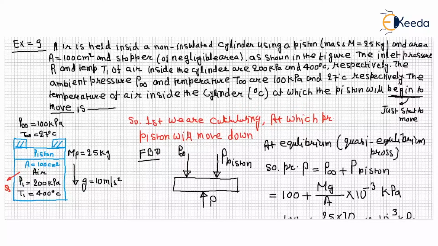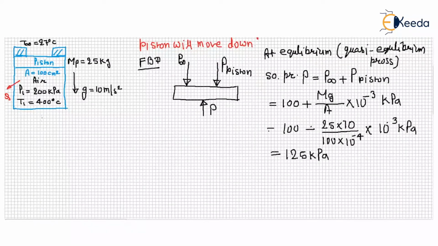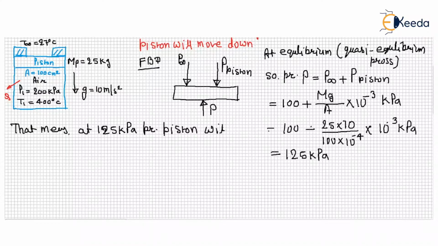Initially the system pressure is 200 kilopascal, and when the piston starts to fall down, the inside pressure is 125 kilopascal. So at 125 kilopascal pressure, the piston will move down.